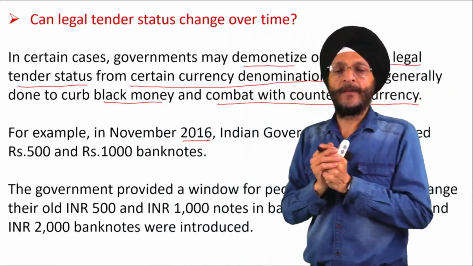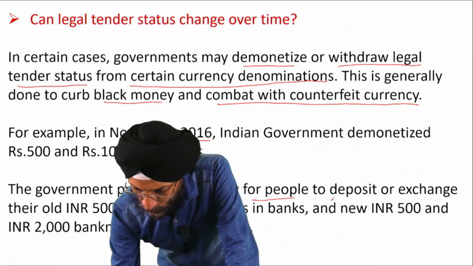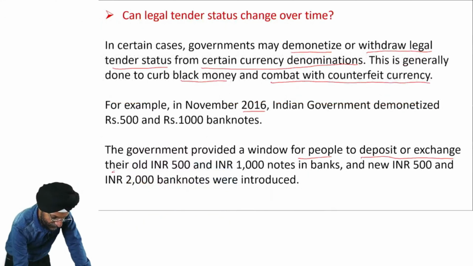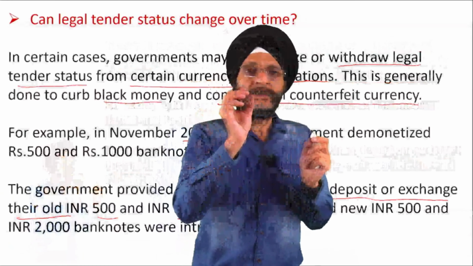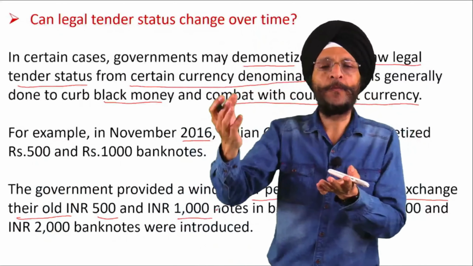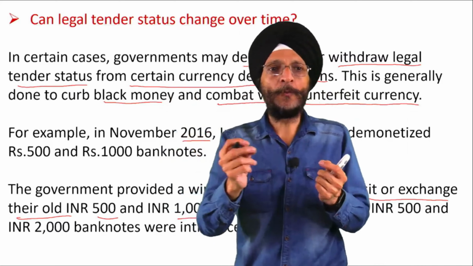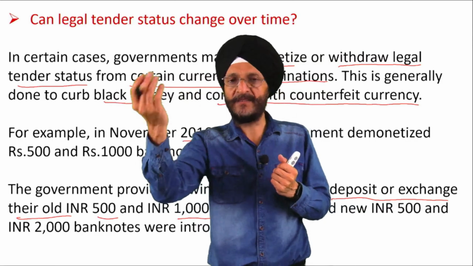The government provided a window to the people to deposit or exchange their old 500 and 1000 Indian rupee notes in banks and get new 500 rupee and 2000 rupee bank notes from the banks in exchange.